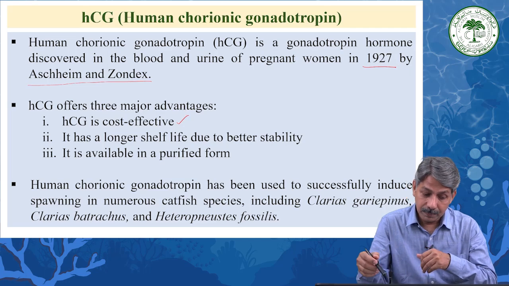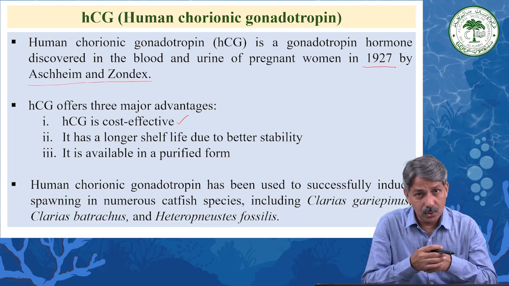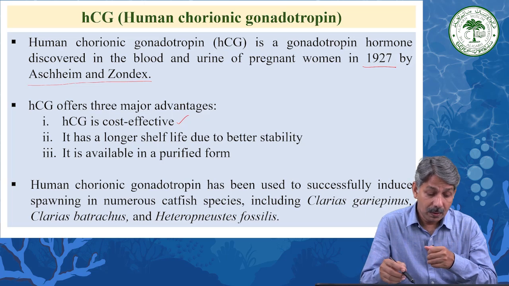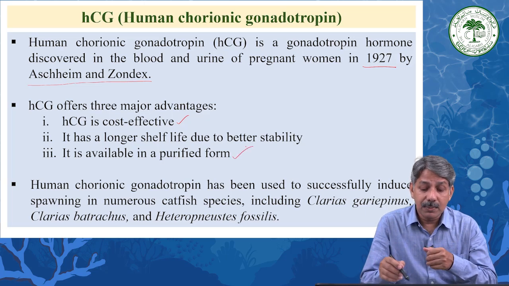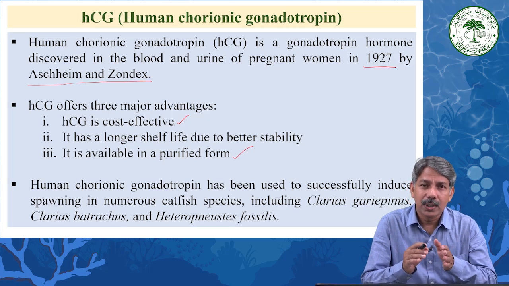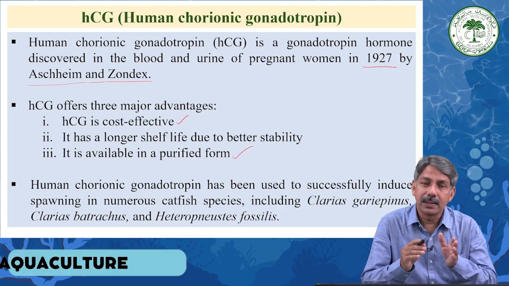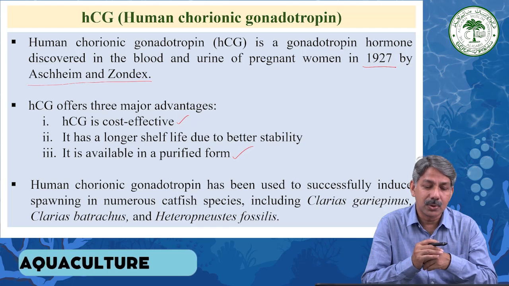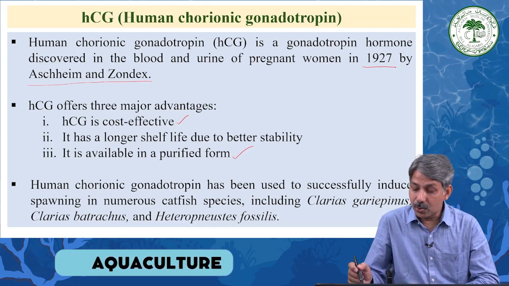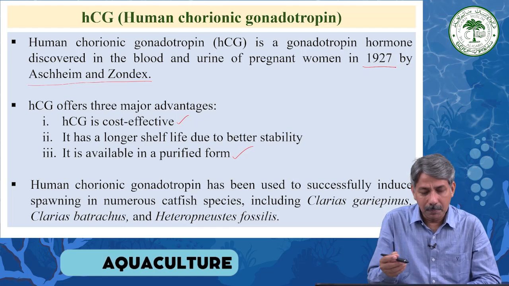HCG is economical. It can be stored for a longer period of time. It has a long shelf life, and it is available in pure form. So regarding availability and use, you can be assured that this inducing agent is quite good. HCG has been used to successfully induce spawning in many species.